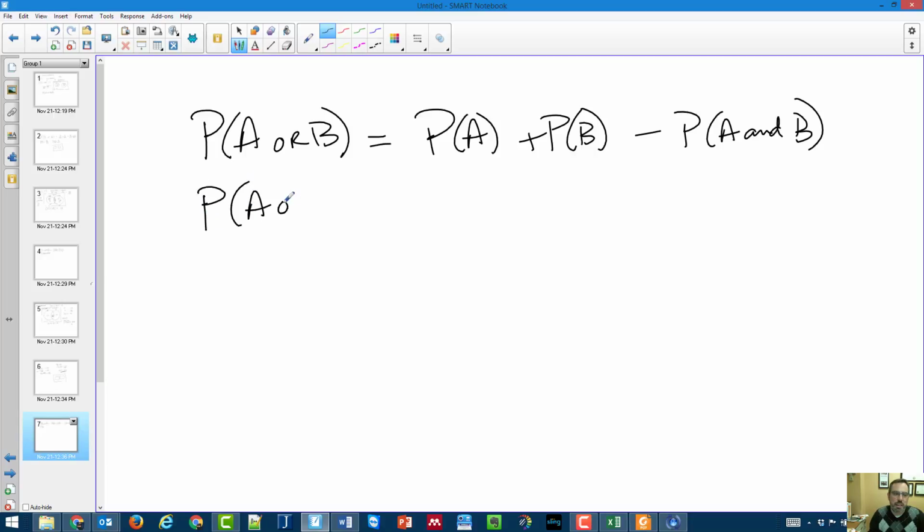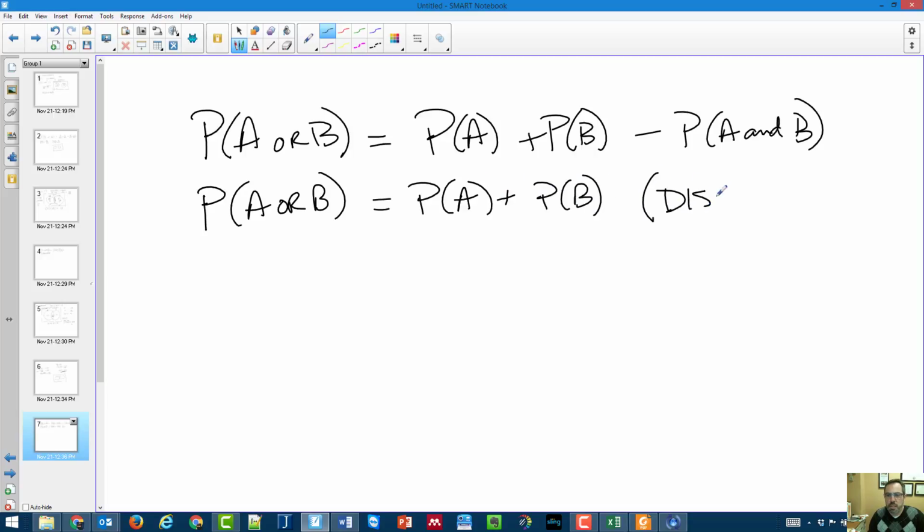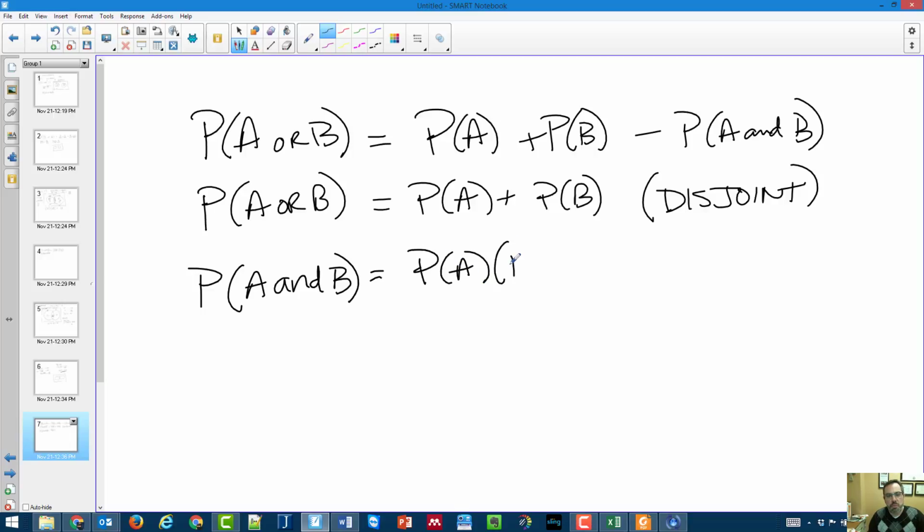If you did it like this and just had this first part, this only works in disjoint events. All right, this one would work in either of them. And remember, the probability of A and B is just found by multiplying.